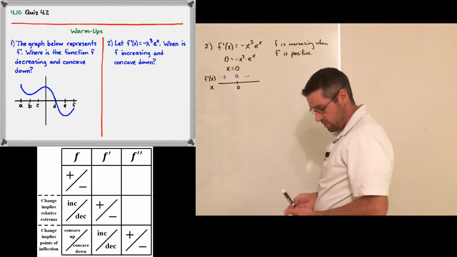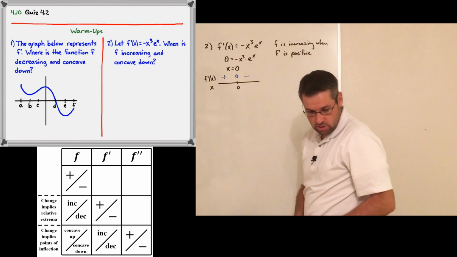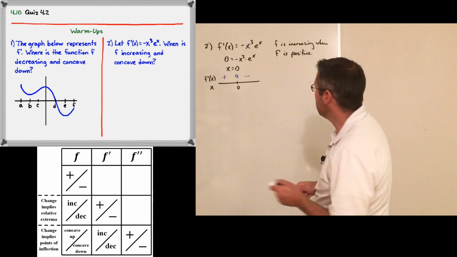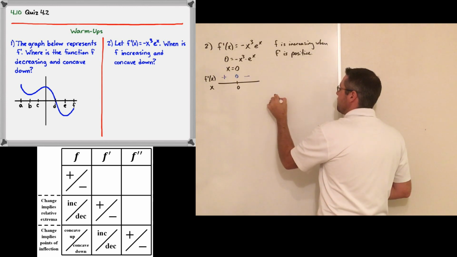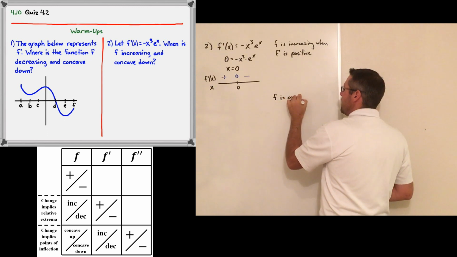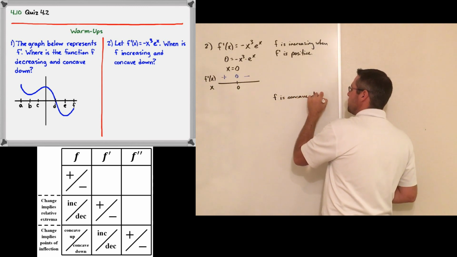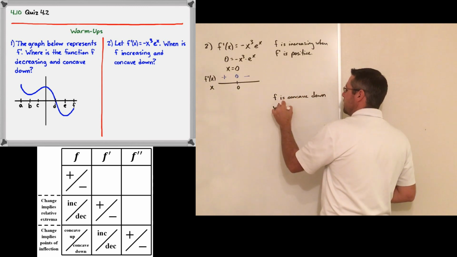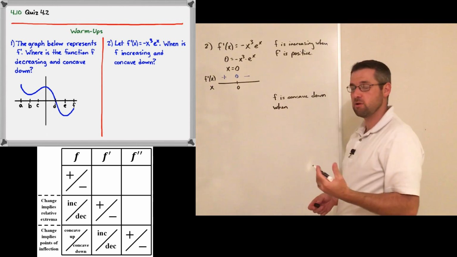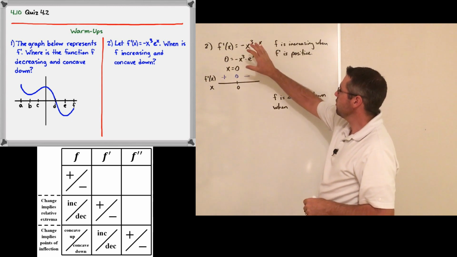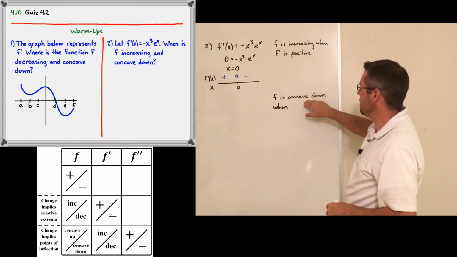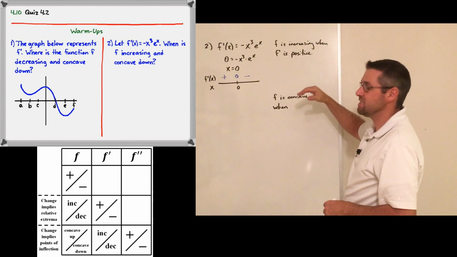Now the second part of this is to figure out when f is concave down. So let me justify that here. We have two ways of looking at when f is concave down. If we're looking at the f prime graph, we can see that f is concave down when f prime is decreasing.